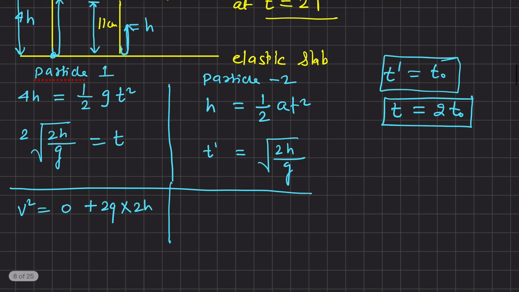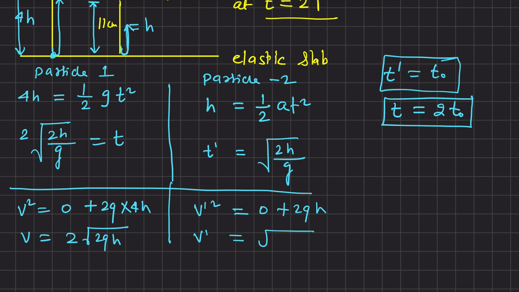So v is going to be 2 under root of 2gh. And for this, if I take v dash square, this will be 0 plus 2gh. So v dash is equal to under root 2gh.